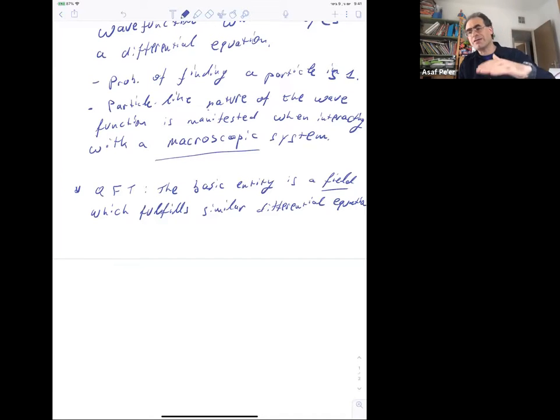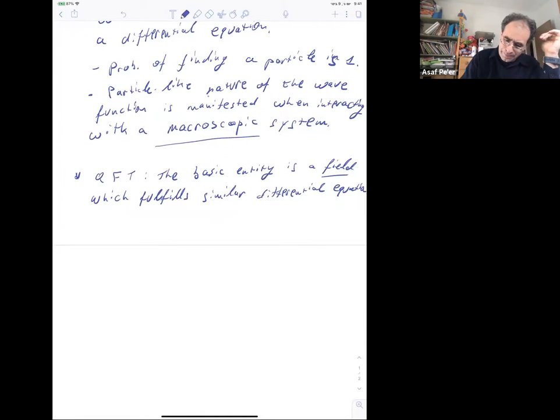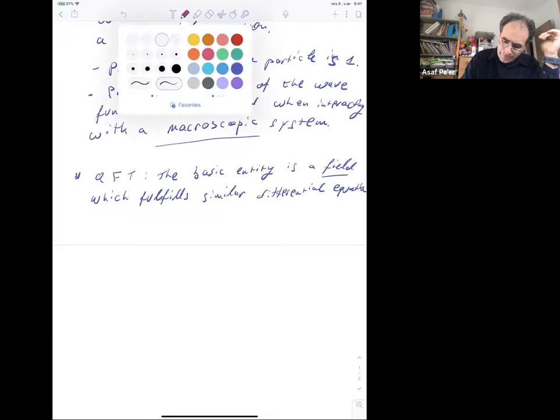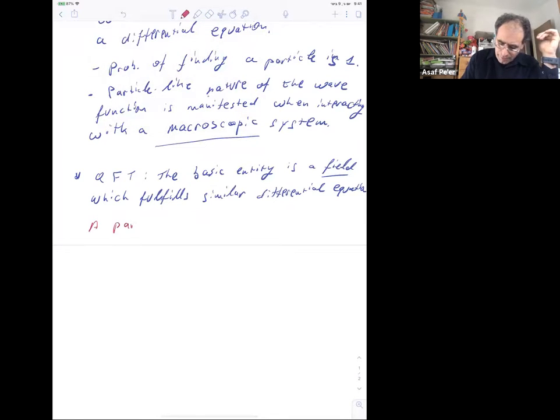It can be in the ground state, it can be in an excited state. Every excited state of the field is a particle. A particle is described as an excitation of the field.